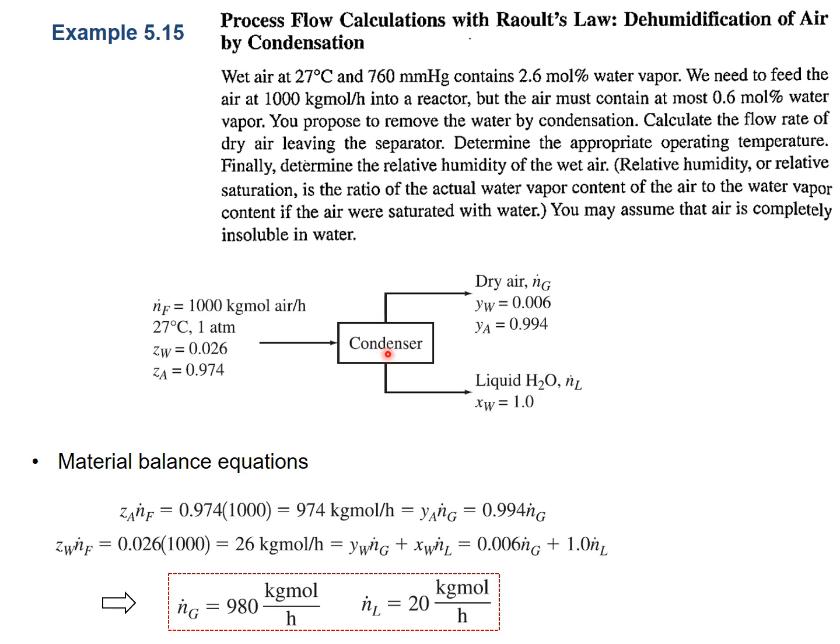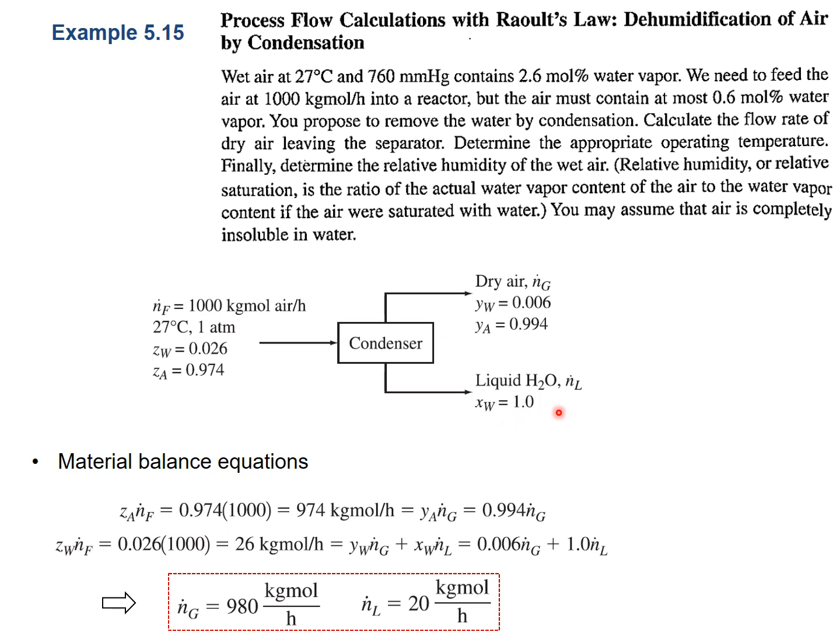The first one is our target product, which is dry air. We have no idea about the flow rate, but the mole fraction of water should be below 0.6% or 0.006. In the second stream, we have pure water, so the fraction of water is 100%.